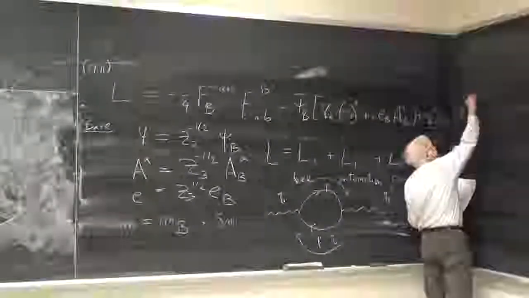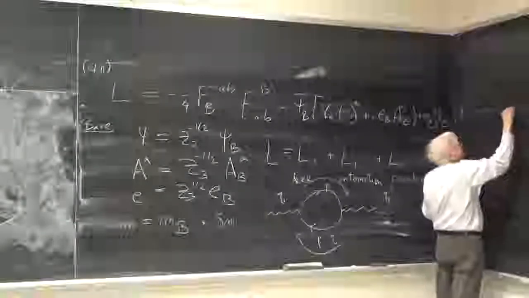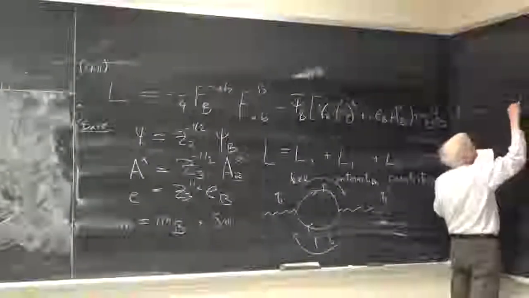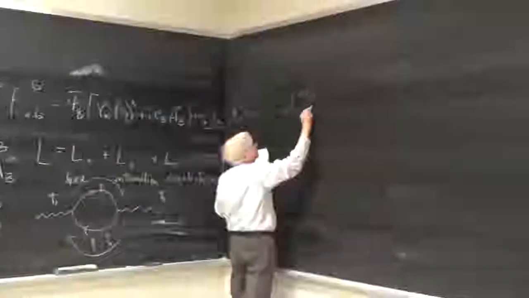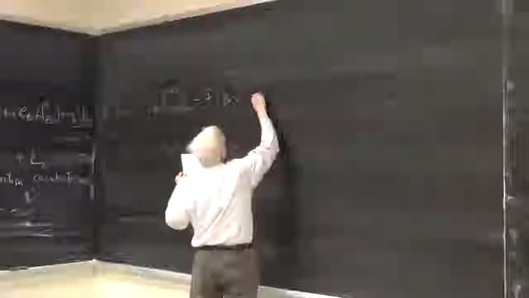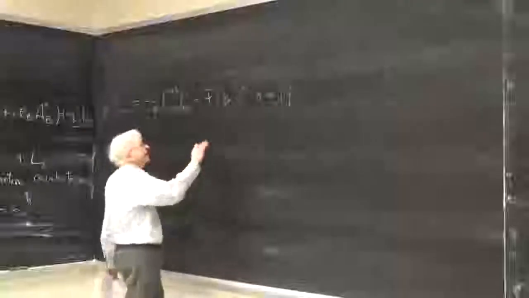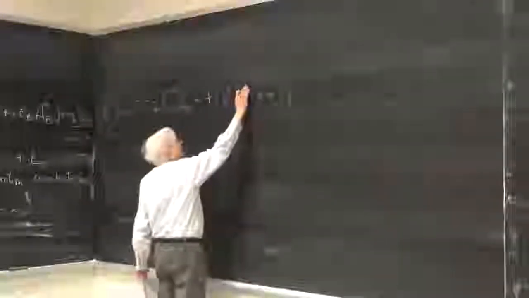Anyway, this L0 is just the Lagrangian of the free theory: minus a quarter F_AB squared, minus psi bar (gamma^A D_A plus M) psi. Although, frankly, I would much rather write this differently. I don't know why I did it the way I did.